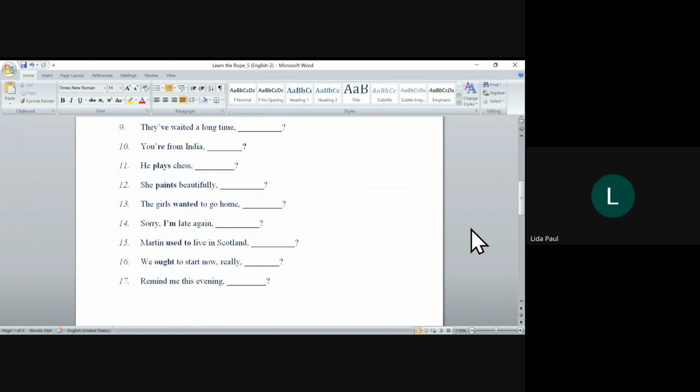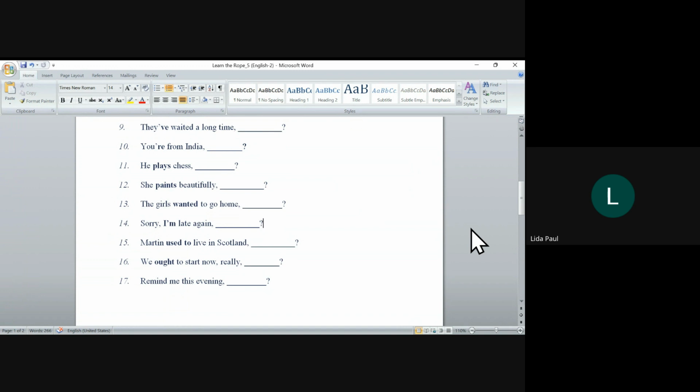If it's an imperative sentence, mostly you will use will you, but you can also use can you. The more commonly used variety of question tag with an imperative statement is will you. Remind me this evening, will you? Close the door, will you? Pass me the pen, will you?